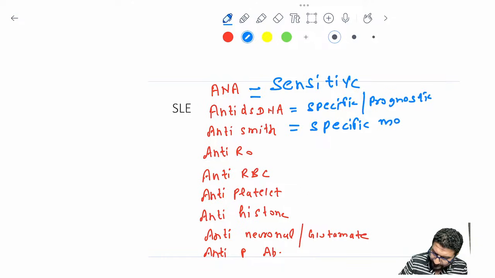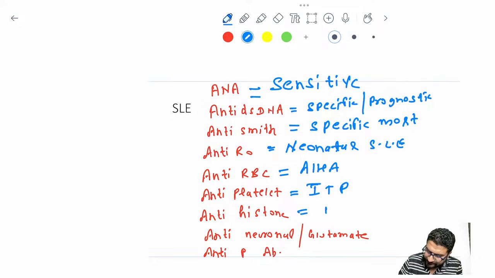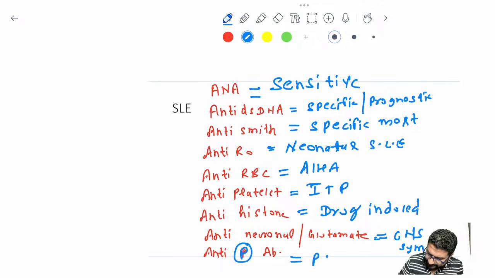But if I ask you most specific, it is anti-Smith. Anti-Ro you will see in neonatal SLE. Anti-RBCs and anti-platelet: anti-RBCs will cause anemia, meaning an SLE patient can develop AIHA. An SLE patient can develop ITP, immune thrombocytopenic purpura. For drug-induced SLE we have anti-histone. Anti-neuronal is responsible for CNS symptoms. And anti-P, anti-ribosomal P, for psychotic symptoms.